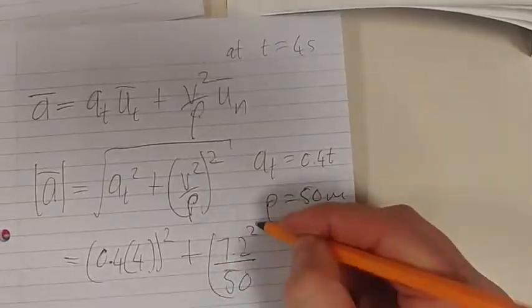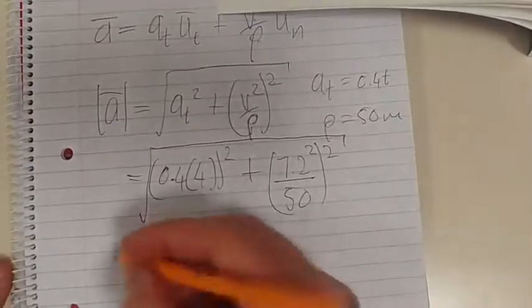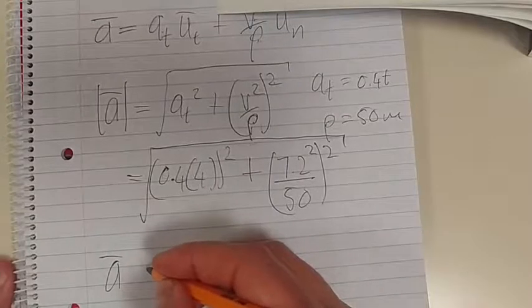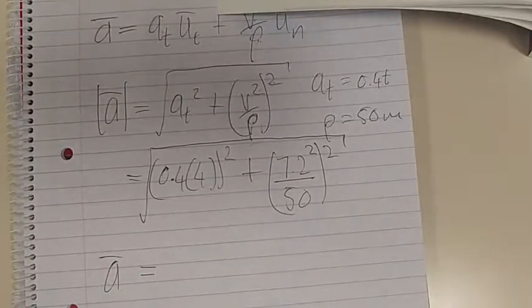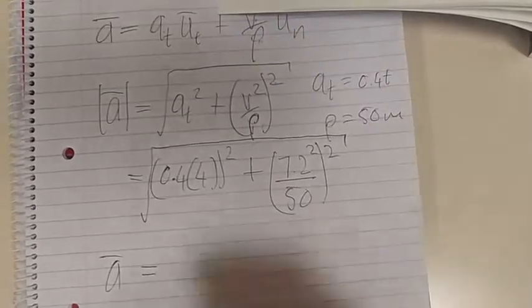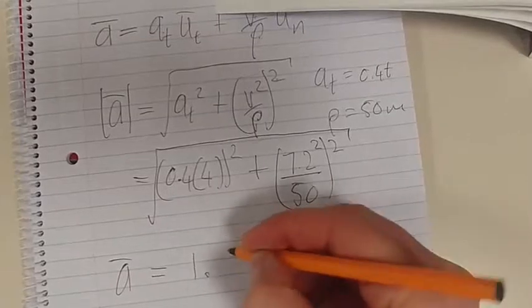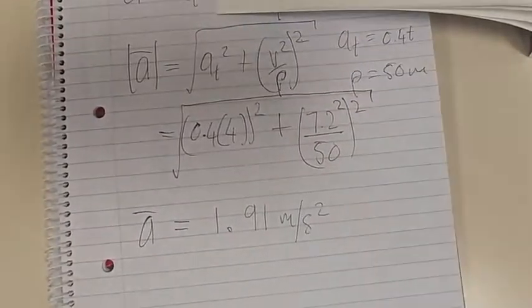This whole thing needs to be squared, and this whole thing needs to be rooted. So now the magnitude should be 1.91 meters per second squared.